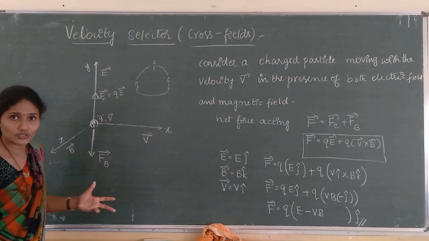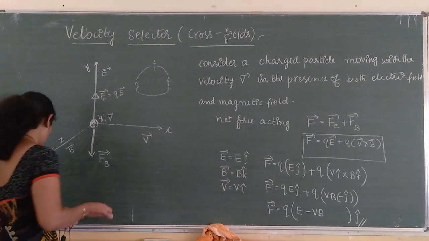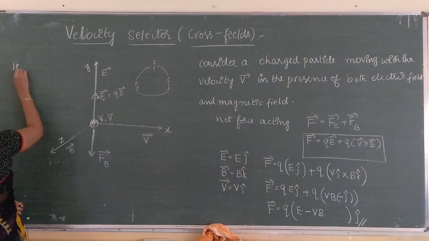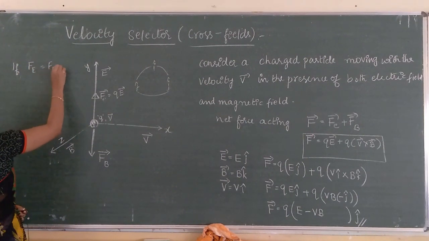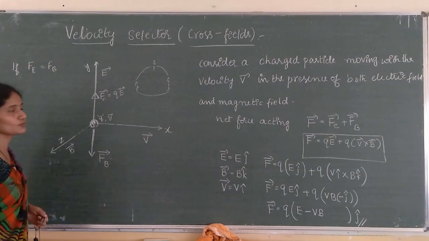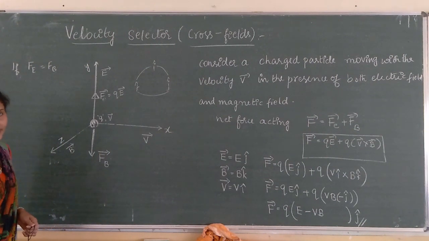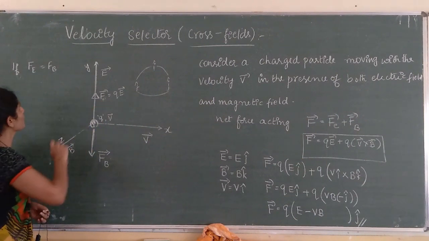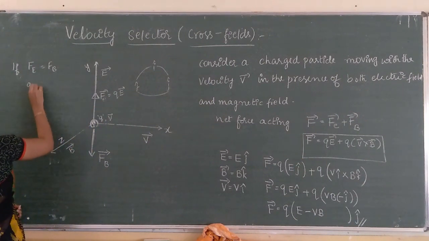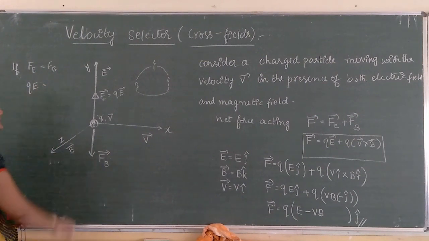In terms of magnitude, if they are equal, then what happens? If Fe is equal to Fb, force due to electric field and force due to magnetic field are equal in magnitude. Then what is the magnitude of electric force? We know that Q into E is the magnitude of electric force.